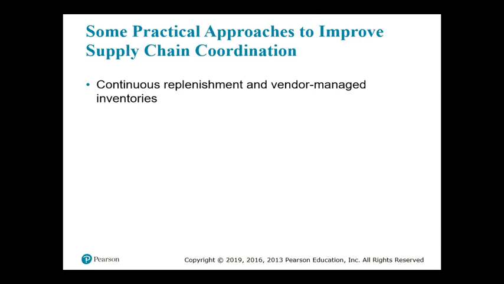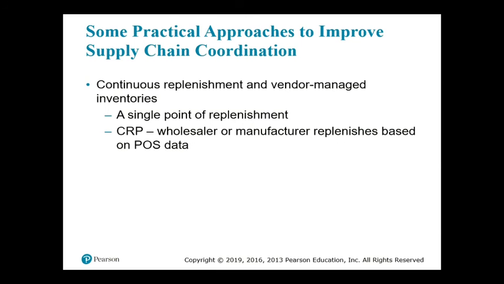Some practical approaches. Previously, we briefly mentioned this single point replenishment strategy. One is the continuous replenishment program, in which we have either a wholesaler or a manufacturer making replenishment decisions on behalf of the retailer. And this decision is based on point of sales data or the inventory dynamic data at the retailer store.